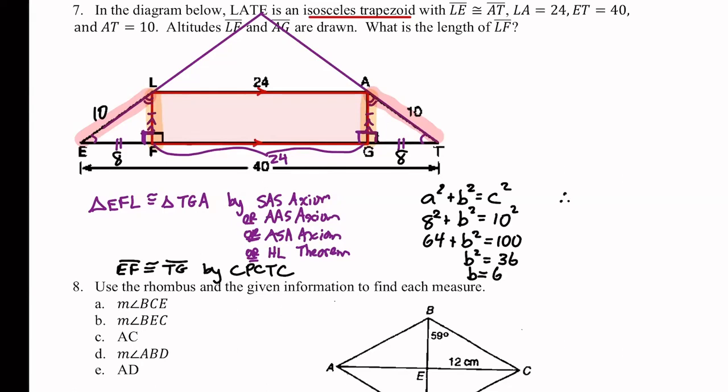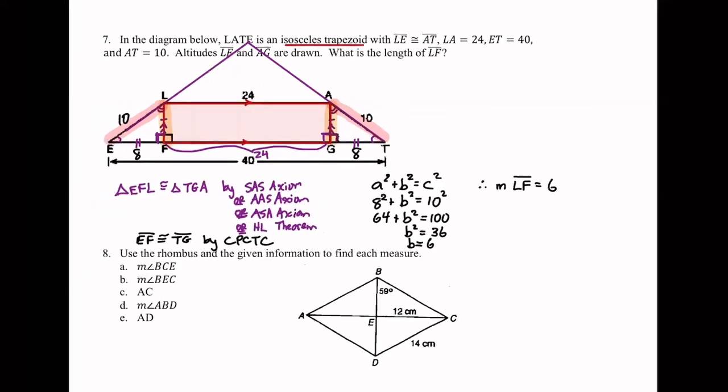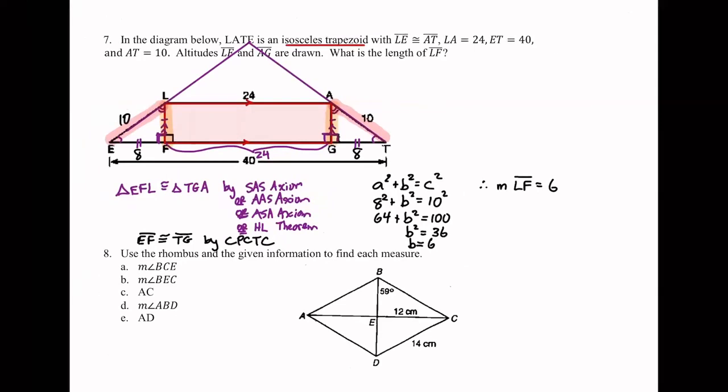So that tells me, therefore, the measure of LF is equal to 6. Now, for a question like this, the way it's structured, you wouldn't have to show all these little details along the way. But instead of just looking at it and saying, well, I think they're congruent because they look congruent, you have some kind of justification going on there.